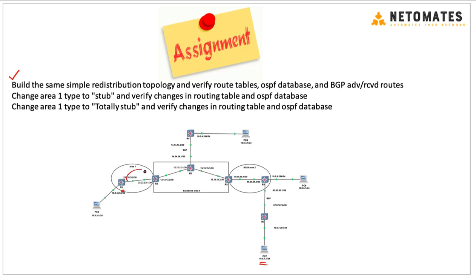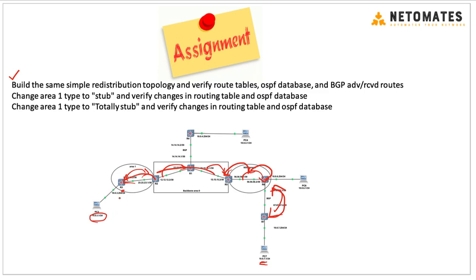If you trace that path, you should be able to follow it. R7 advertised this network through BGP, and on R6 we have BGP to OSPF redistribution, so that the routes get into OSPF as type 7 LSA. Then R5 generated the type 5 LSAs, then they reached all the way from R2 to here. This is how you should trace this particular network.